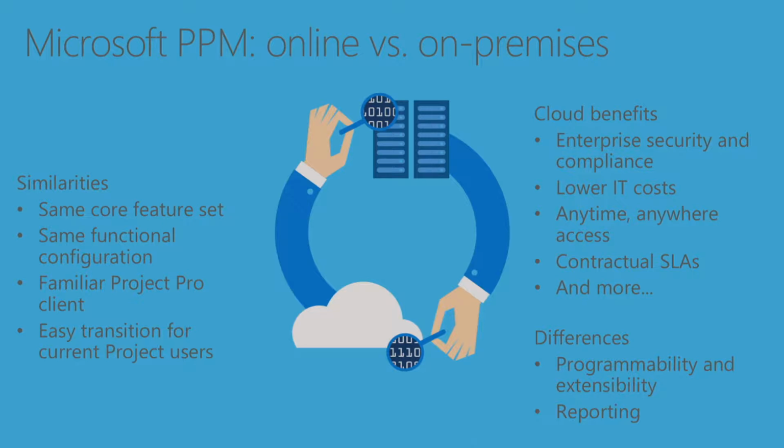We took the feature set that Project Server has been providing for years and years, and we wanted to provide that as an online service on Office 365. It's the same functional configuration when you create views, custom fields, security settings for the most part, to make sure that customers who were familiar with Project Server could easily transition over to Microsoft PPM Online.